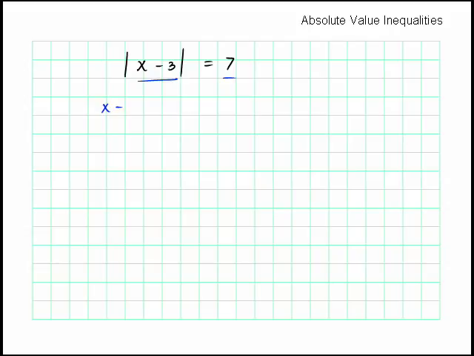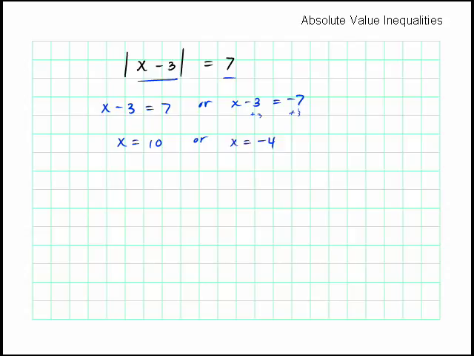X minus 3 will equal 7, or x minus 3 will equal negative 7. That's just the pattern that works, and we're going to follow it. That's going to give me two answers. If I solve this one for x, I get x equals 10. And if I solve this one for x, I get negative 4.